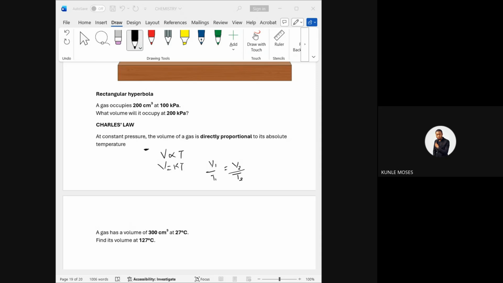So ahead of next class, please, you guys should read combined gas law. What did I say? Read combined gas law ahead of next class. An ideal gas equation. These are the two laws that we'll be checking.